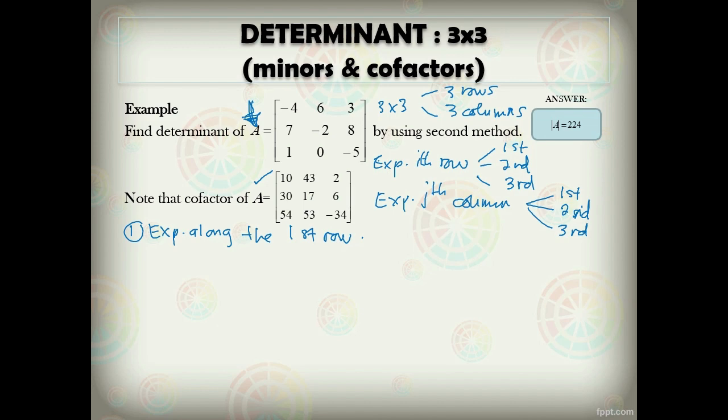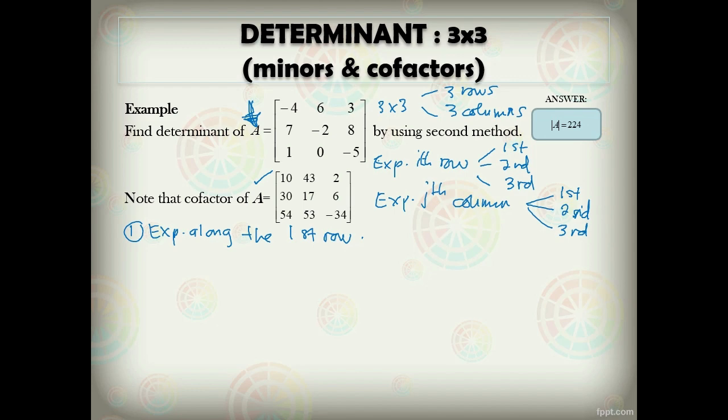Since I choose the first row, what we need to do first is mark where our first row is in our matrix A and in our cofactor. I will choose the highlighter. We start from matrix A first.